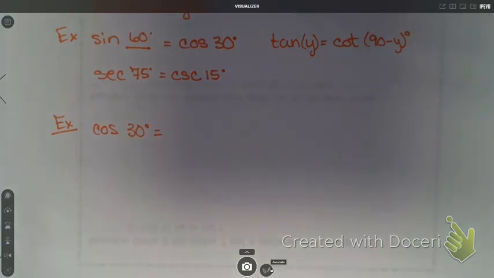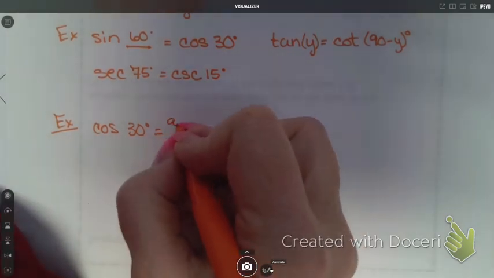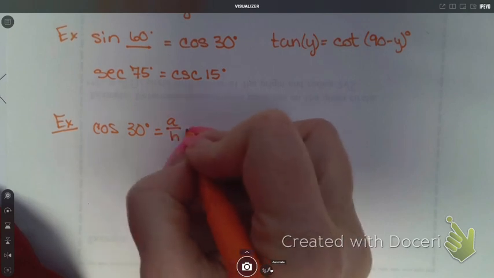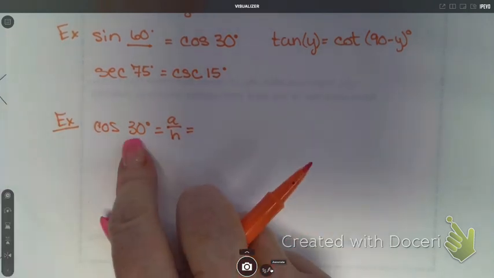Okay? So cosine is what over what? Opposite, adjacent, hypotenuse. Cosine is adjacent over hypotenuse. Yes? Okay, so opposite of 30 is 1.